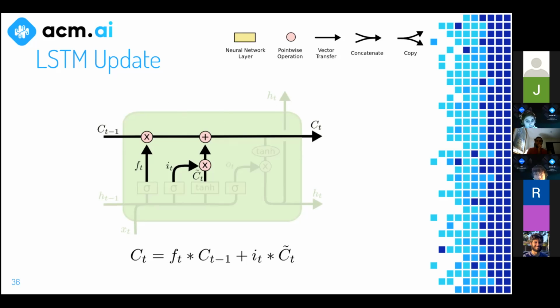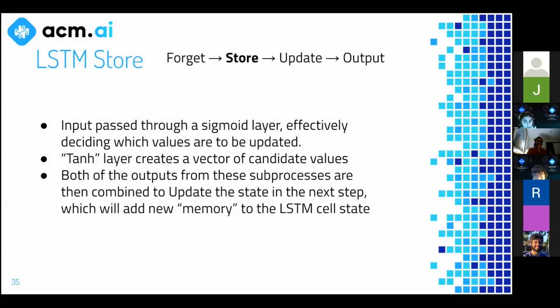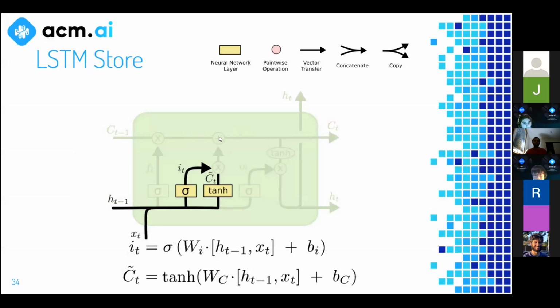Okay, so that concludes the store state here. I'm going to stop again for questions because I just talked a lot. The math is the same idea, right? The difference is here, instead of multiplying it by the cell state, we're just doing element-wise addition.